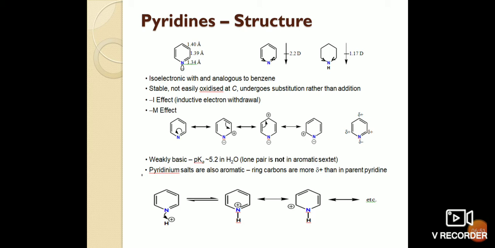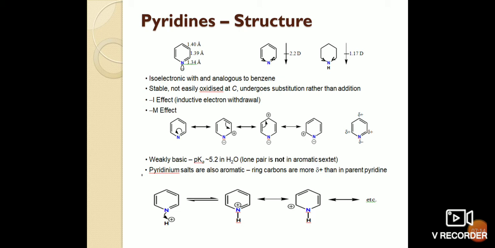The pyridine structure. Pyridine is isoelectronic with and analogous to benzene. That is, it is a 6-membered ring but with a heteroatom nitrogen.